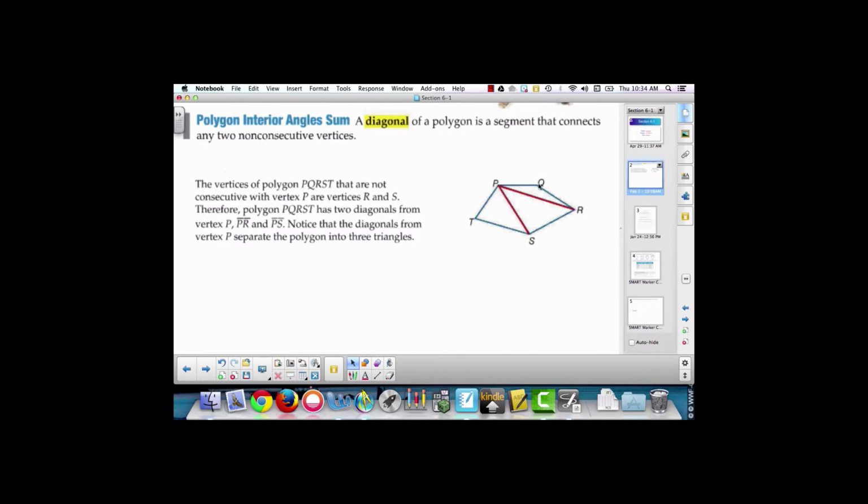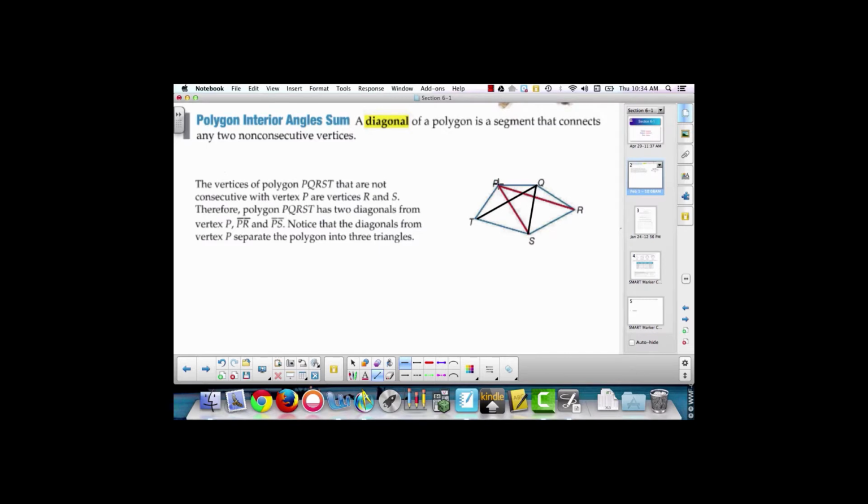Another example would be diagonals coming from vertex Q. QT is a diagonal coming from vertex Q, and so is QS.